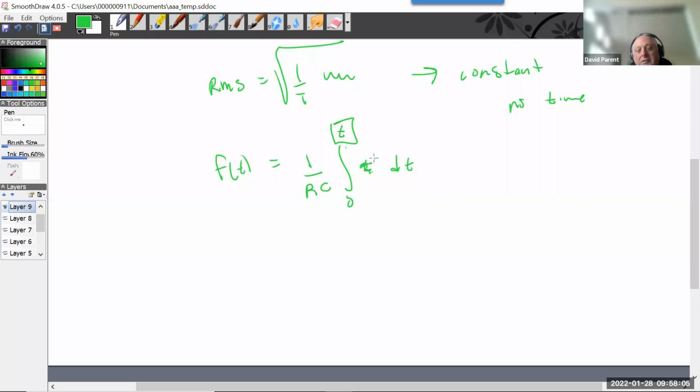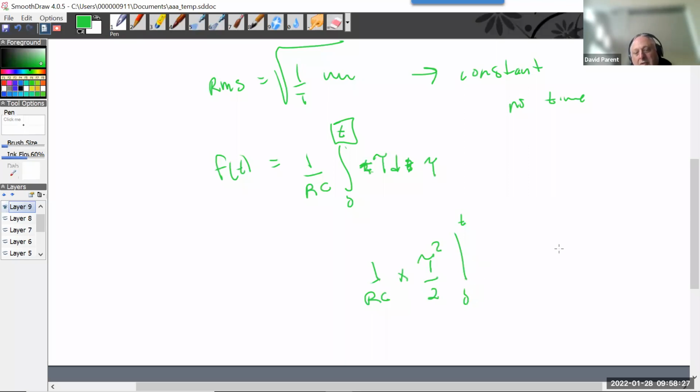So you have to change the variable. I'm calling that tau. So that when I integrate this, I get the integration of tau is tau squared divided by 2, 0 to t, 1 over RC, right?